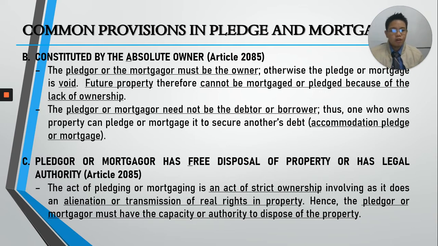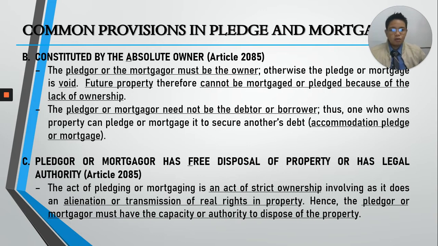So, because it involves alienation or transmission of real rights in property, remember, pledger or mortgagor must also have the capacity or authority to dispose of the property. So, obviously, yung pledger mortgagor must have free disposal noong property na kanyang isasangla. So, anong ibig sabihin ng free disposal? The property is not subject to any claim by a third person.